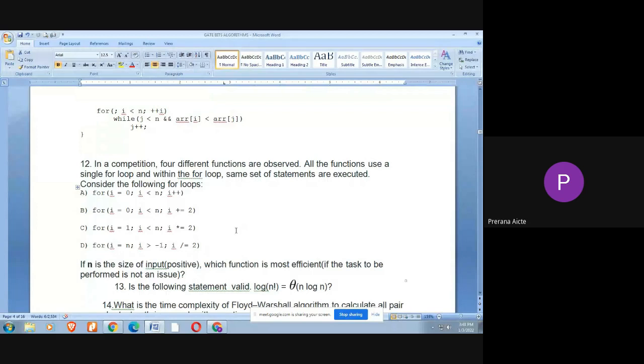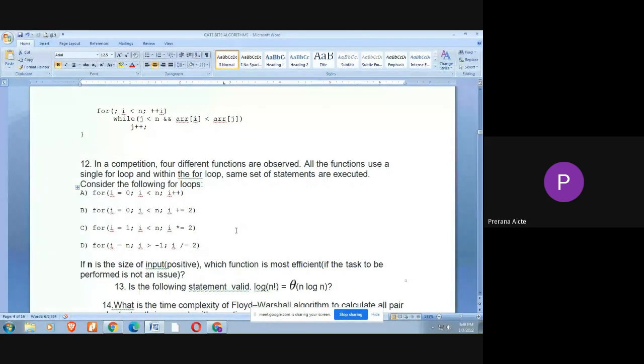The time complexity of the third for loop is going to be order of log n. And the fourth for loop does not terminate.